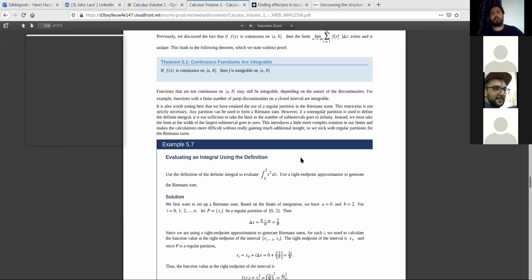If it has finite jumps or discontinuities, we can still find them integrable as long as we make sure that if there is a jump, then the edge of the box is at that jump, right? It's always at that jump point, so that we are calculating the area to the left-hand side of the box and then to the right-hand side of the box. So then everything works. If there's a finite number of discontinuities, everything works fine.